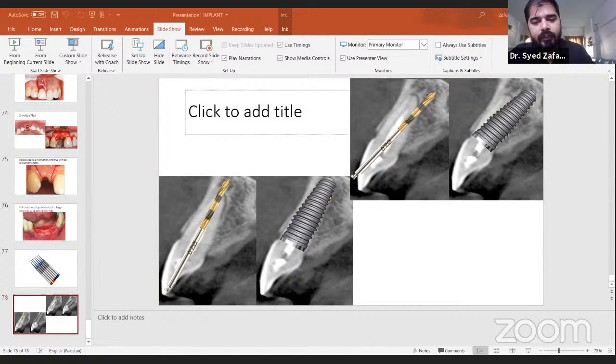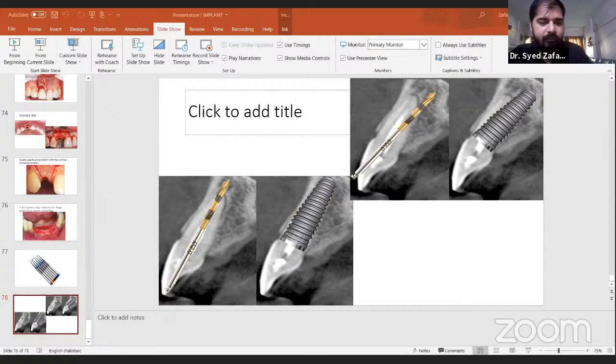One more thing, if you are planning an implant over here, what will be the recommendation? Mostly this is the foramen and the canal is running like this. Studies have shown the canal runs like this, and after the turn, it goes inside. If you see the foramen, you have to give a 5 mm safe margin till there, because the canal will be running like this.